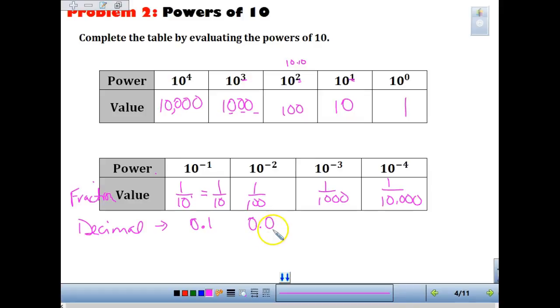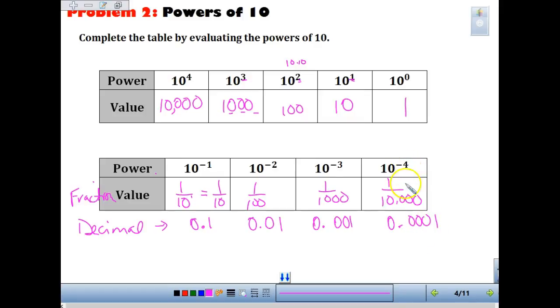What is my decimal equivalent to 1 over 100? 0.01. So tenths, hundredths place, right? The next one is going to be 0. And if I'm looking at that one, Sophie, I should have? Yes. And then my last one, Peter, is going to be 0. I'm going to have the 3 and a 1.